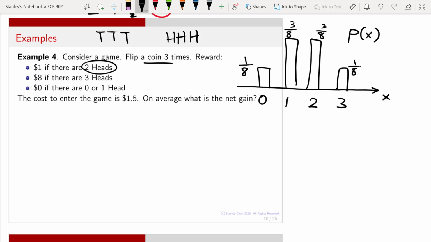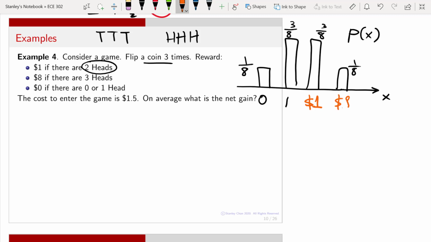And then we are going to assign values to these events. So what I'm going to do is look at if I get 2 heads, I will get $1. Okay, so I'm going to change this 2 to $1. If I get 3 heads, I will be able to get $8.